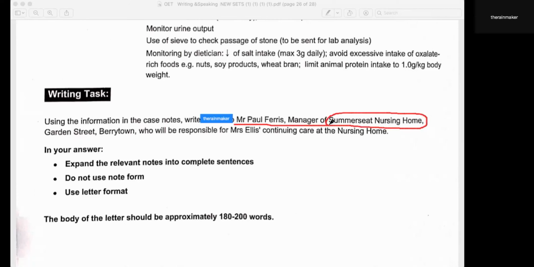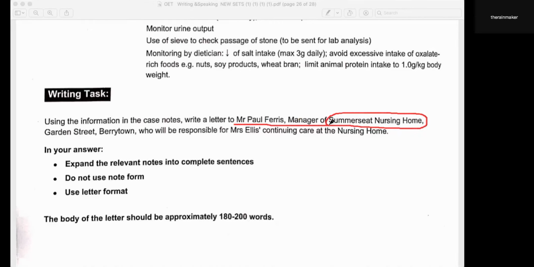You can consider this place like an old age home, or like in Nepal and India, we have Vriddhashram, home for old people. It's very popular in Western countries where people save a lot of money, and then when they get really old and cannot take care of themselves, they live in the nursing home. Not nursing home just, but in aged care homes. So remember the key: whenever you notice nursing home, whenever you notice aged care home, you have to realize that this is a discharge letter.